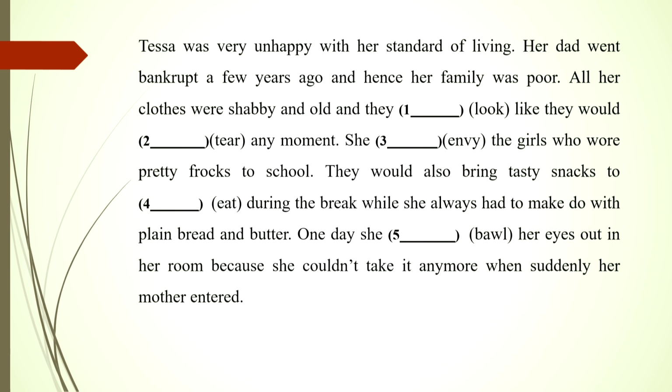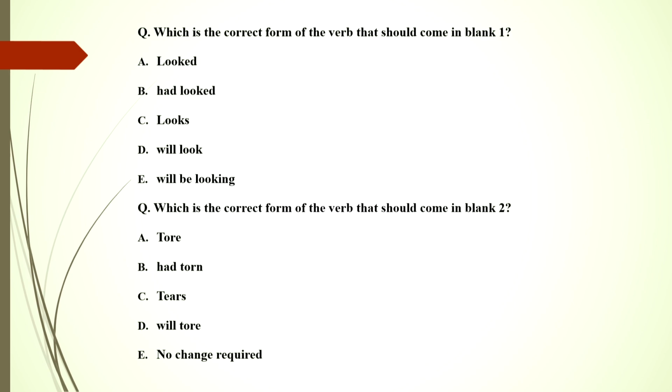She (envy) the girls who wore pretty frocks to school. They would also bring tasty snacks (eat) during the break, while she always had to make do with plain bread and butter. One day she (cry) her eyes out in her room because she couldn't take it anymore when suddenly her mother entered. So now, here's the first question.